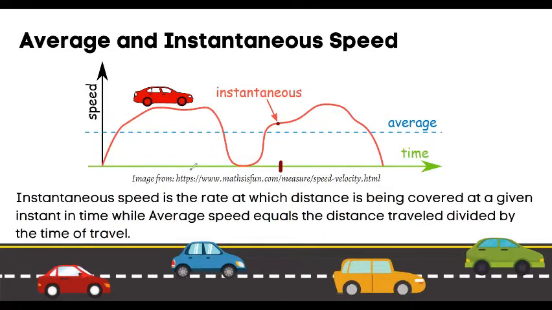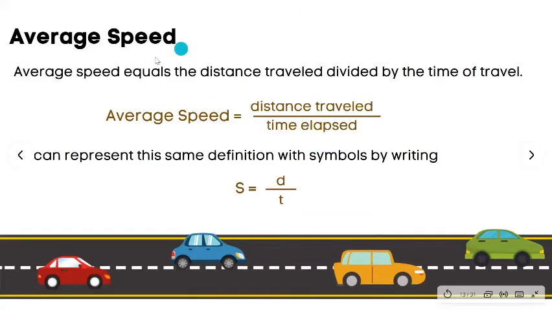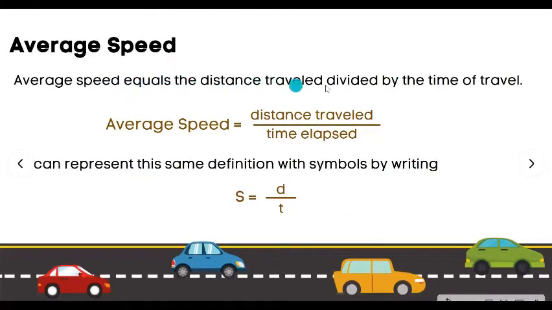How about for the average speed? For the average speed, we must know the total distance it traveled and we must divide it by the time that it traveled that distance. So this is the formula for our average speed. The average speed is equal to the distance traveled divided by the time of travel.